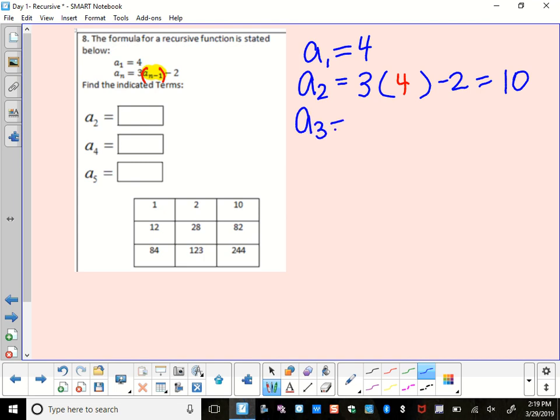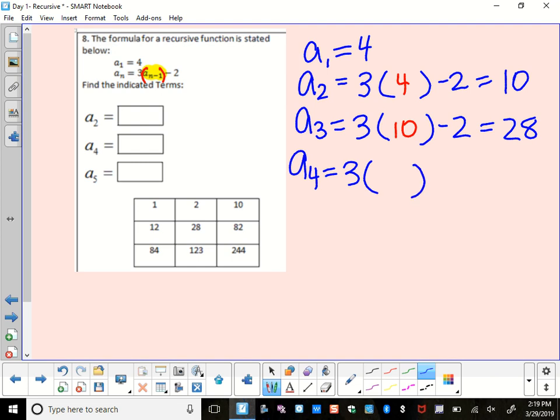My third term is 3 times the previous term minus 2. What'd you get for your answer? 28. Good. All right, my fourth term is 3 times the previous number minus 2. So 3 times 28 minus 2 is 82.